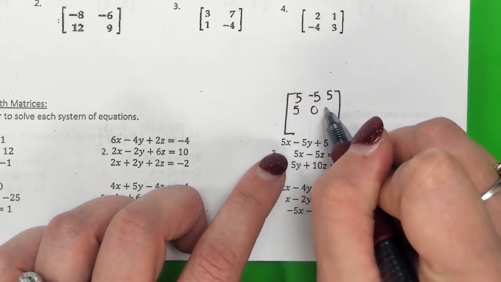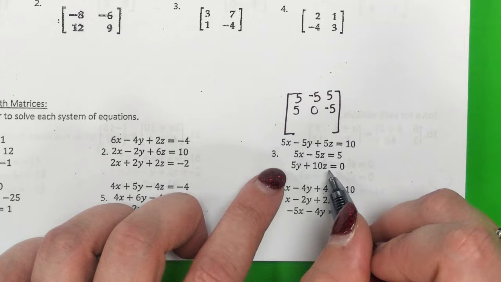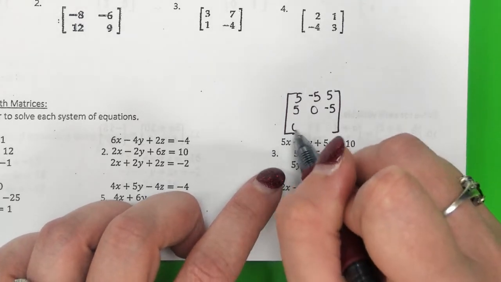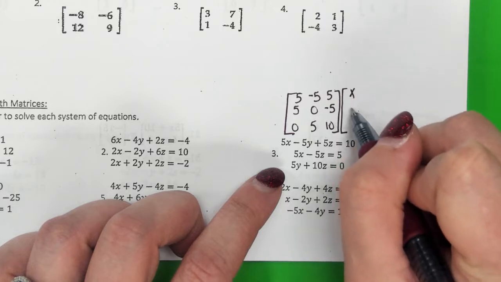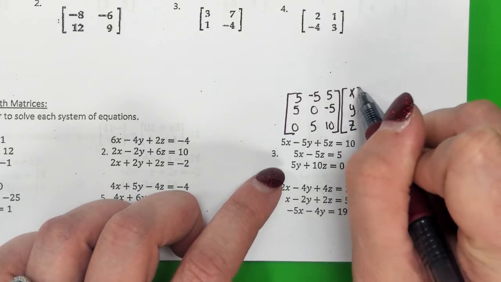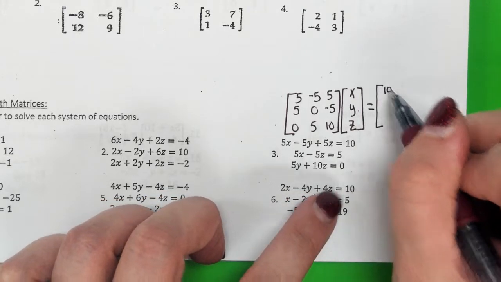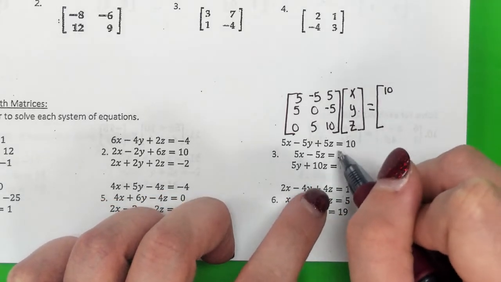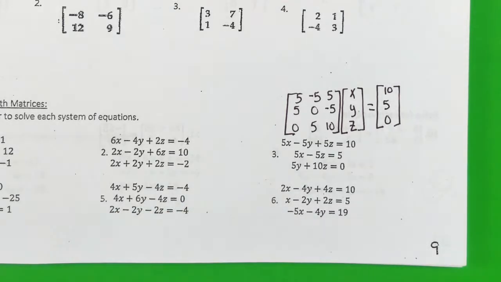Why'd she put a 0? Because there's no y value. Yep. What about the third row? 0, 5. Perfect. Yep. And then you multiply that by your letters because that's what you're trying to find. Equals. What the system equals is 10, 5, and 0. Perfect. Good job, Jalen. All right.